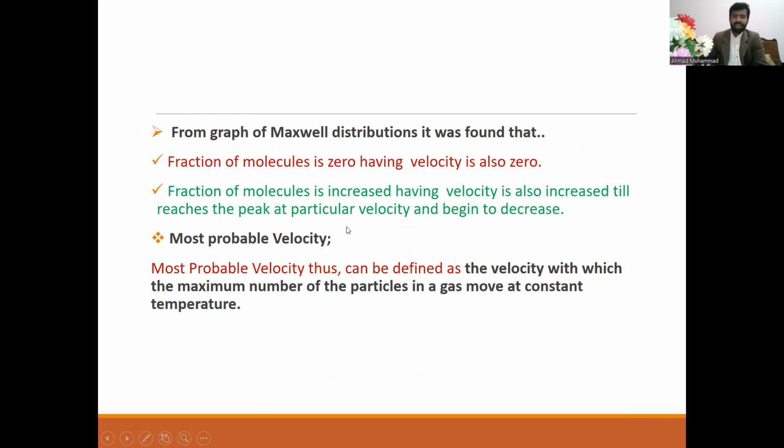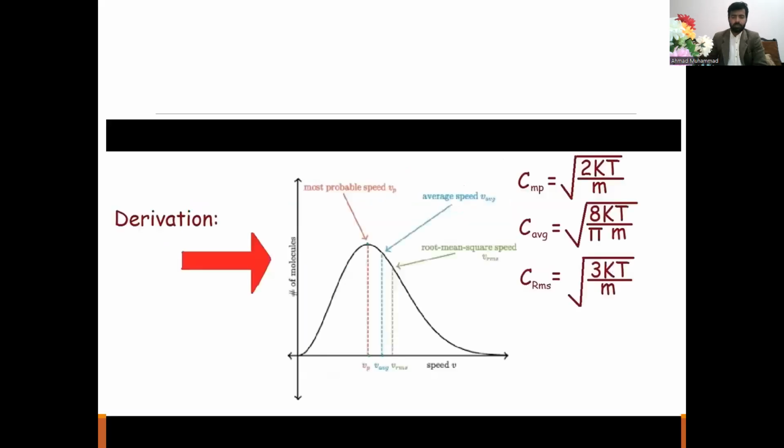For most probable velocity, we can say it is the velocity with which the maximum number of particles in a gas move. If we talk about the graph of the most probable velocity, here is the maximum number of molecules having velocity v, so we can denote the most probable velocity by vp.